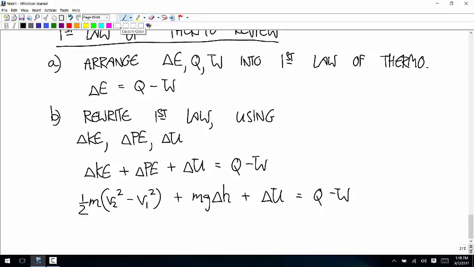If you look at this equation, with change in kinetic energy, change in potential, change in internal energy equal to Q minus W, there's only one of those terms that we haven't expanded on at all yet, and that's the internal energy.